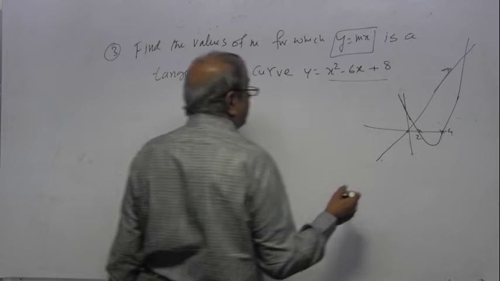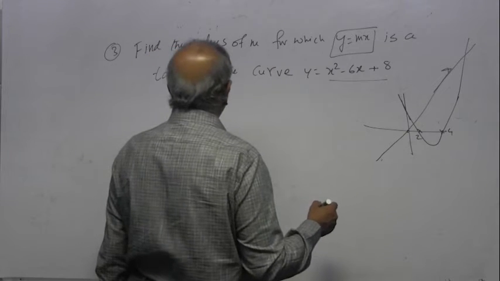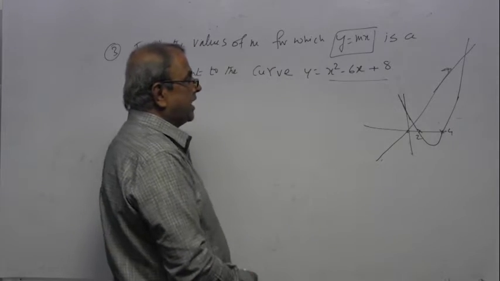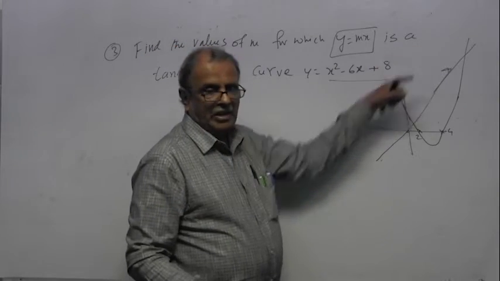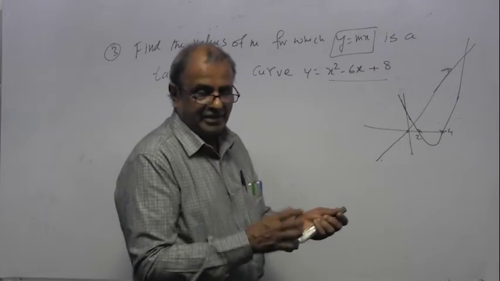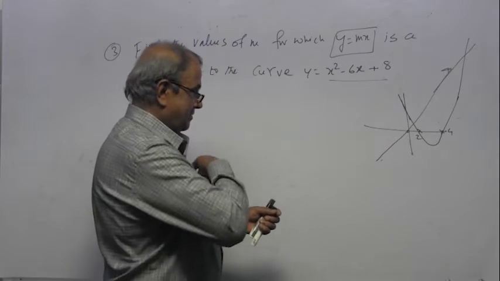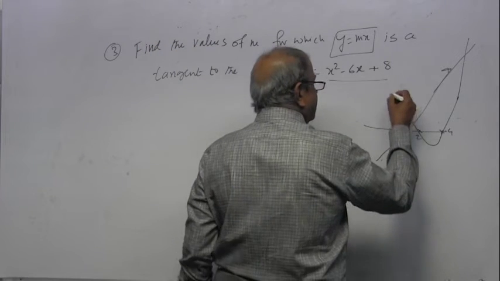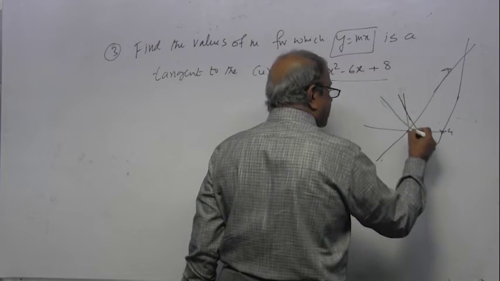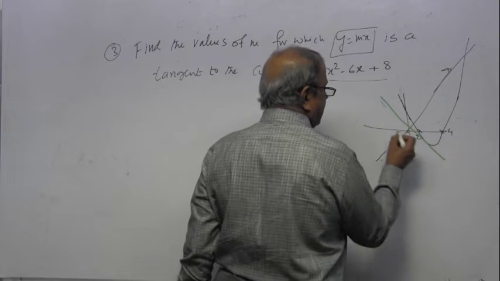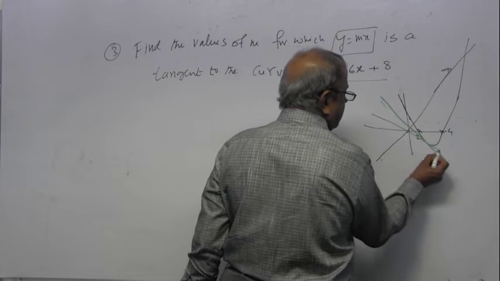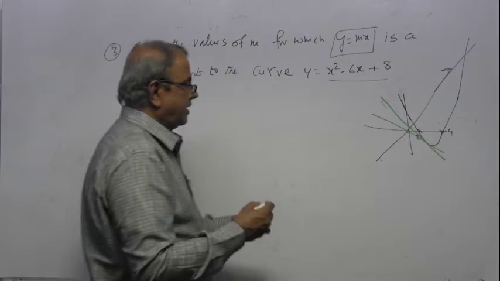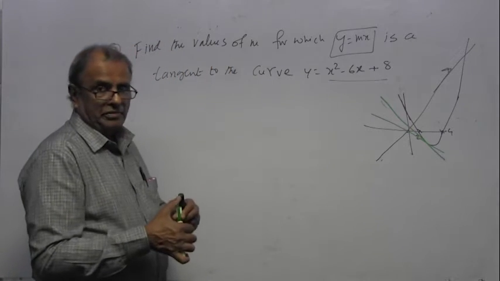So now you're asked to find what is the value of m for which it could be a tangent. That line cannot be a tangent, right? But this could be a tangent. Yeah? That could be a tangent. A line passing through origin and being a tangent to the curve.